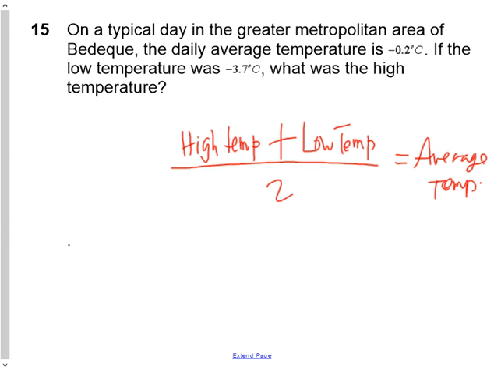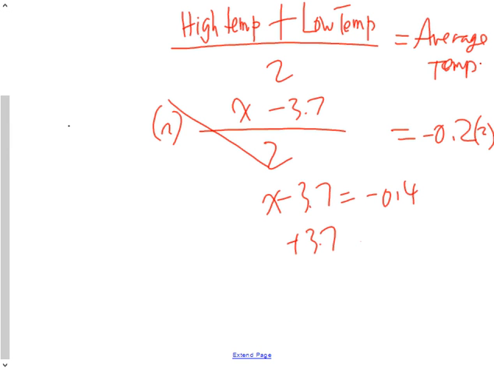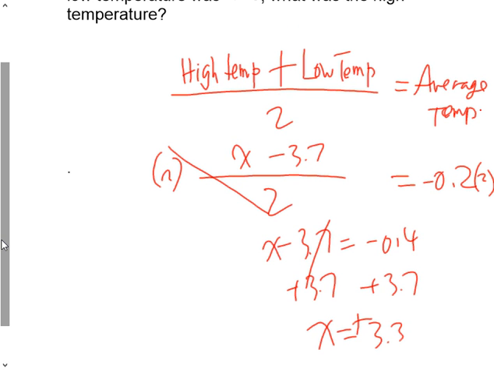Since we know the average temperature is negative 0.2, and we know that the low temperature is negative 3.7, the high temperature and the low temperature combined divided by 2 will give us the average. So double it. X minus 3.7 equals negative 0.4. Add 3.7 to both sides, and X will equal 3.3 degrees. So therefore, the high temperature, I think, must have been 3.3 degrees.